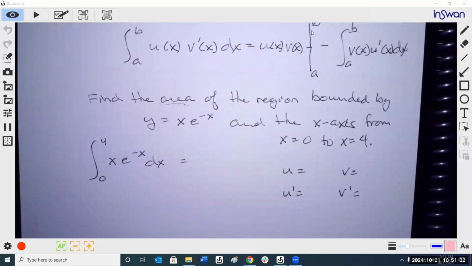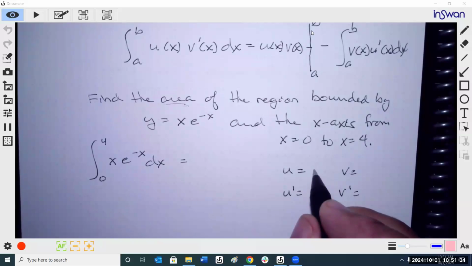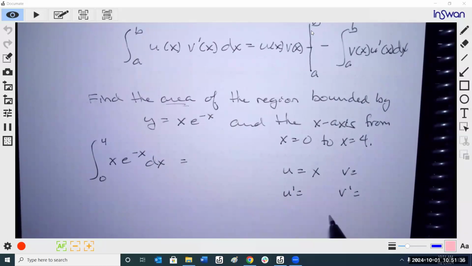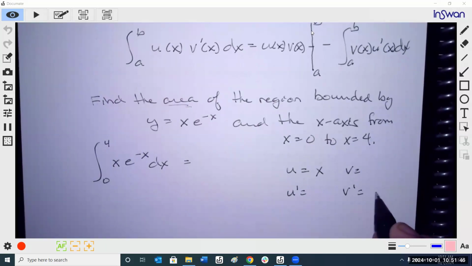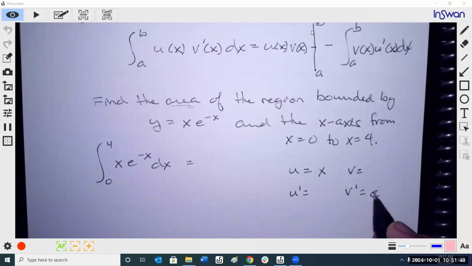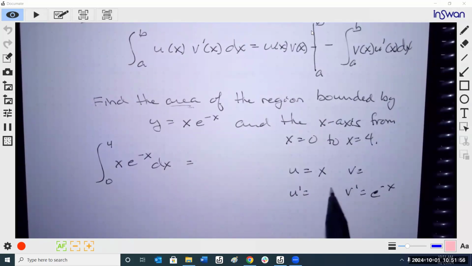U is x. Yes, why? Oh, because it can go to 0. Very good, because the next derivative would be 1. So that means v prime would have to be e to the power negative x, because the integral of that will just keep going between positive and negative e to the power x.